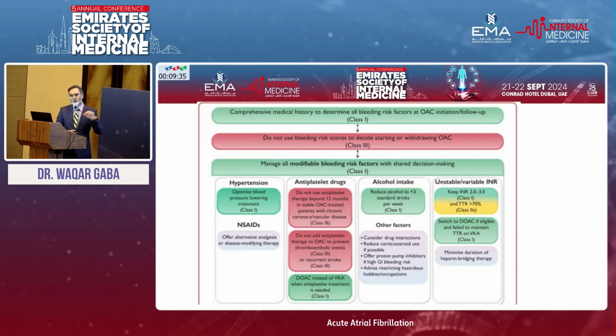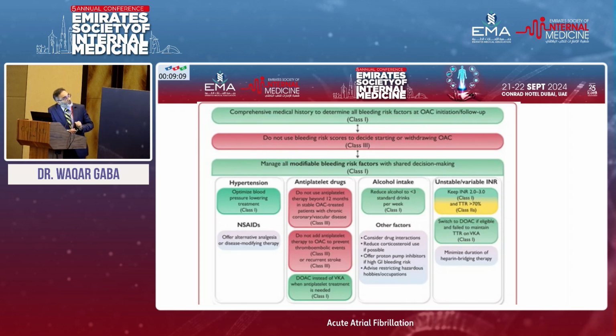So that was assessing the stroke risk with the CHA2DS2-VASc score. Essentially, this is telling you that you take a medical history to determine the bleeding risk. So what about the bleeding risk score? Again, the HAS-BLED scores are out. No more HAS-BLED scores. They now talk more about modifiable and non-modifiable risk factors. Look at the top one, what it says: a comprehensive medical history should be taken.